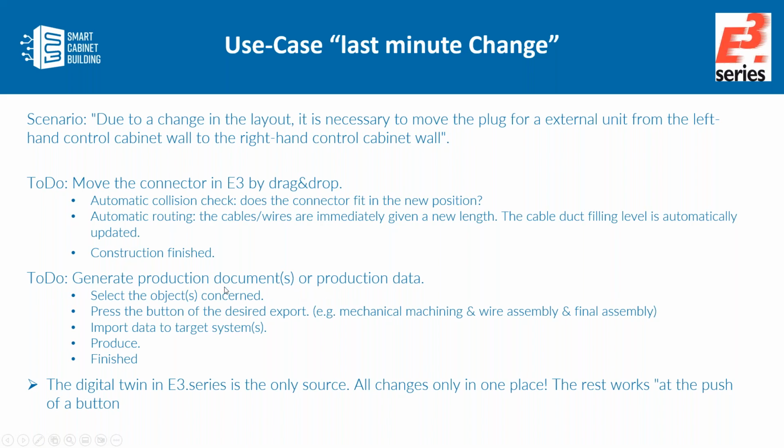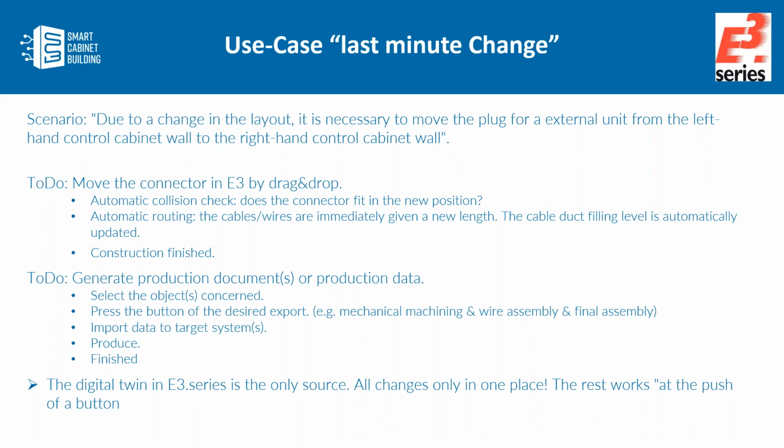And then you just have to press export, depending on the change. In this case, you have to export a cutout, because on the left side you need an additional cutout and maybe additional drillings.